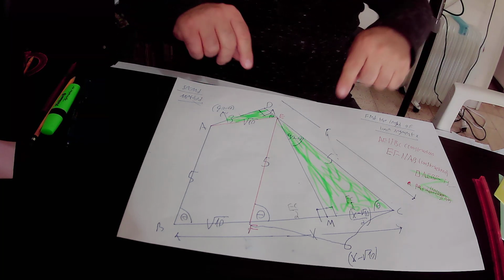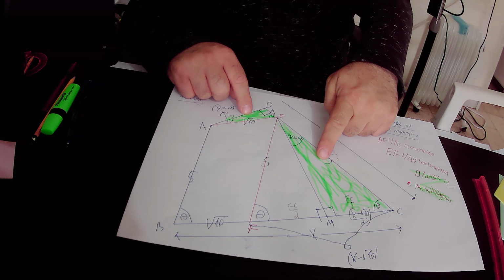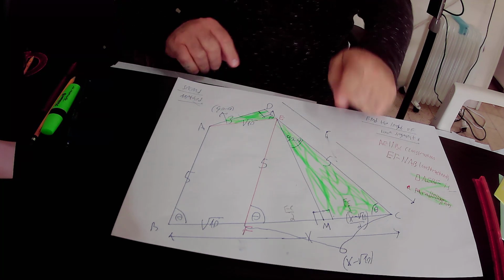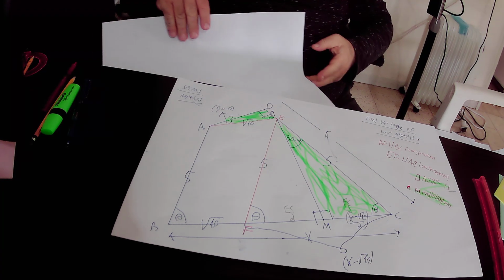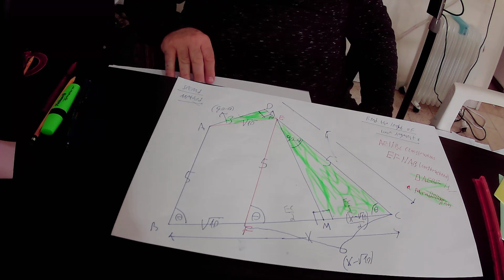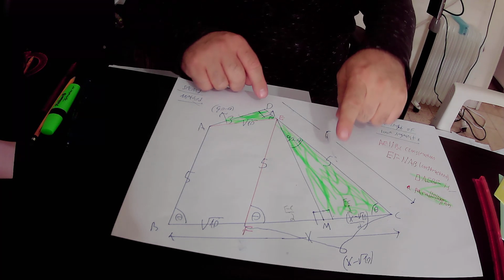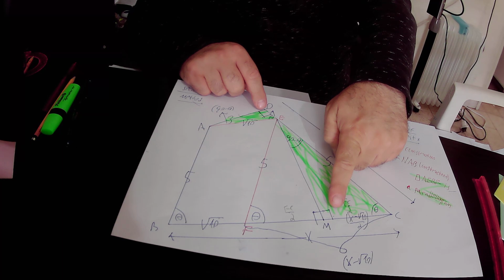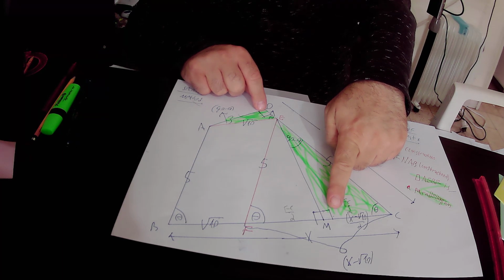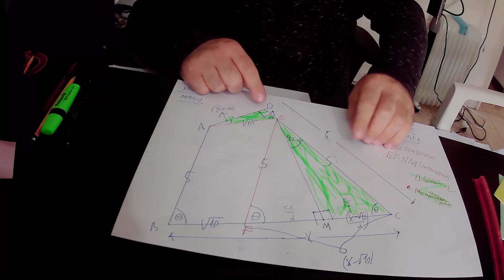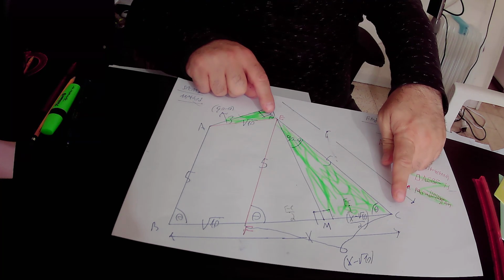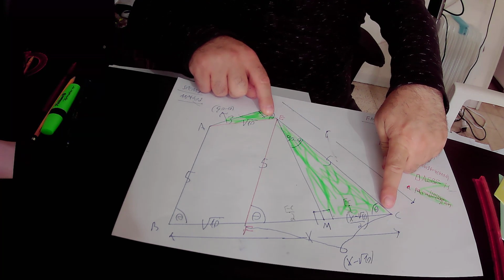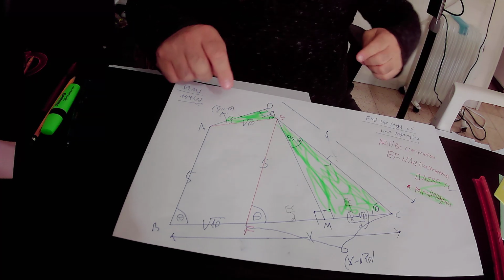Then we prove that those two green right triangles are similar to each other. Why? First of all, both of them have right angles, therefore those two angles are equal to each other. Those two angles are both equal to theta, therefore they are equal.